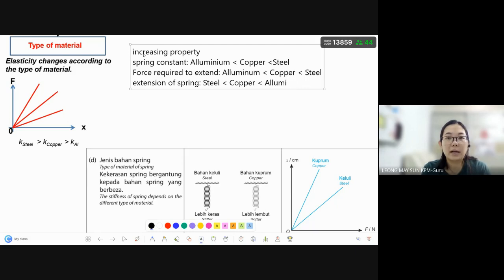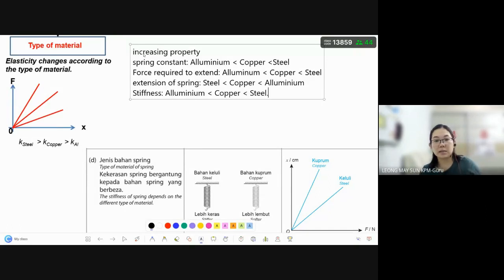Aluminium has the longest extension. Steel has the shortest extension. So in terms of stiffness, it refers back to the extension. So steel is actually more stiff. Copper would be stiffer. Stiffness will have to go back to spring constant. So it would be aluminium, then followed by copper, and finally steel.